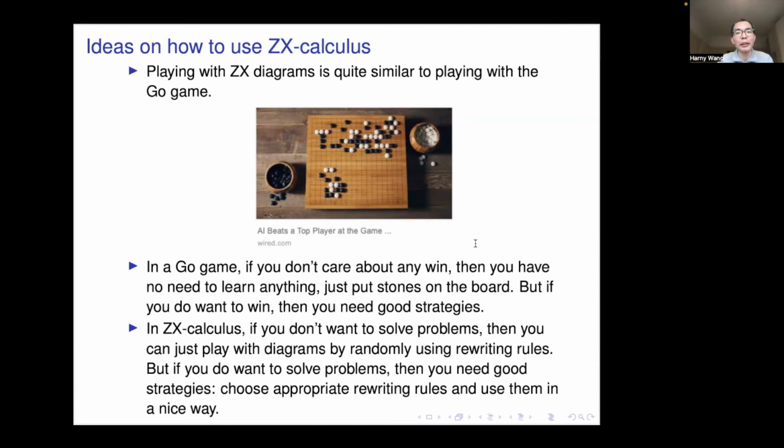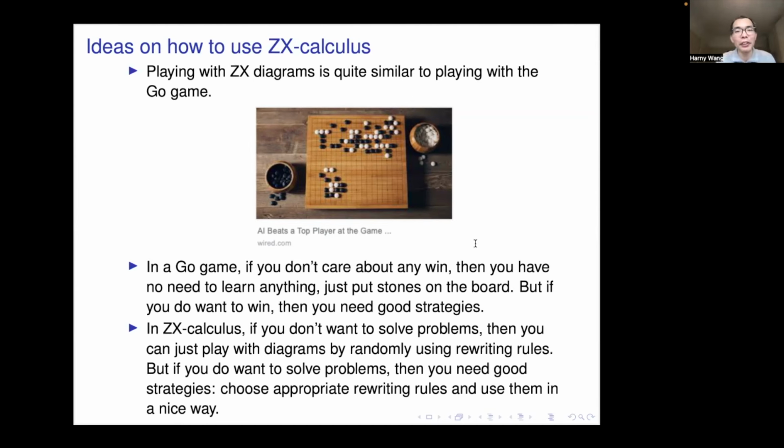But if you want to win, you want to play properly, you need to think carefully. That means you need a very good strategy, right? That's what AlphaGo did. And for ZX calculus, it is very similar. If you don't want to really solve a problem, just play with it. You just put a diagram, connect them, and randomly use some rules. You don't care which rule.